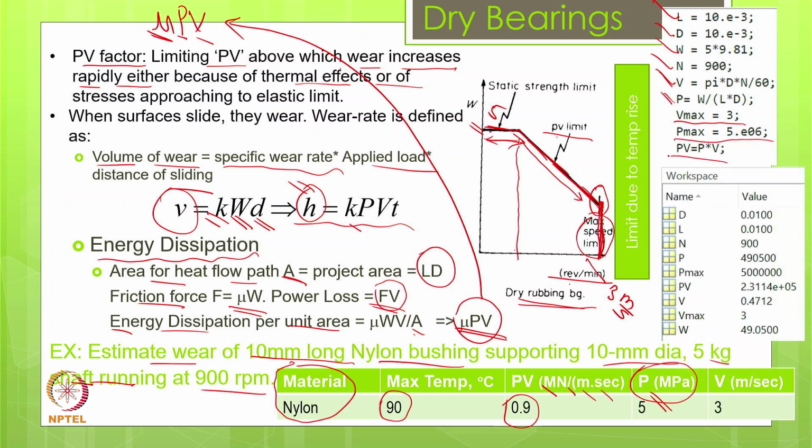If we calculate the values, the diameter is 10 mm, length 10 mm, rpm 900. The pressure we have calculated is around 0.49 megapascal, and the PV we have calculated is around 0.23, and available is 0.09, and the velocity is 0.47, available up to 3, and then the load is given here.